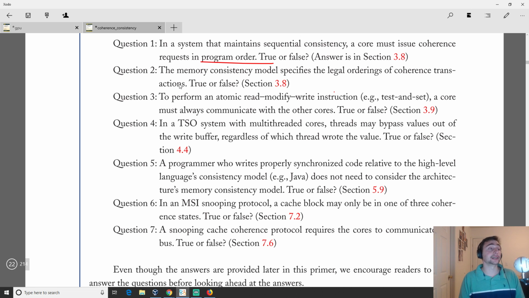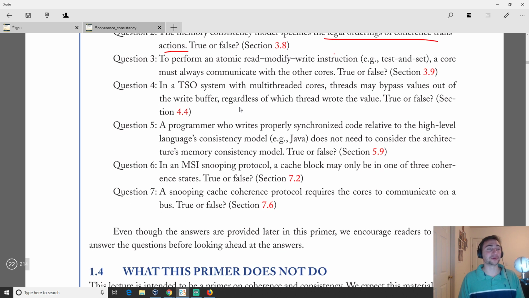We should understand whether the memory consistency model specifies legal orderings of coherence transactions. I'll give you a hint: we talked about the relation of memory consistency and cache coherence and whether or not one is required for the other. We'll also talk about what happens in total store order.